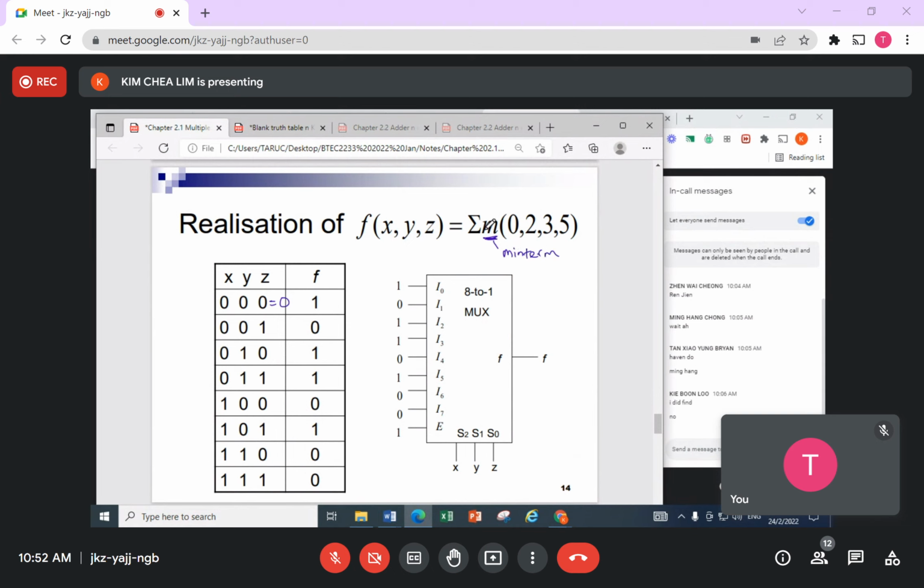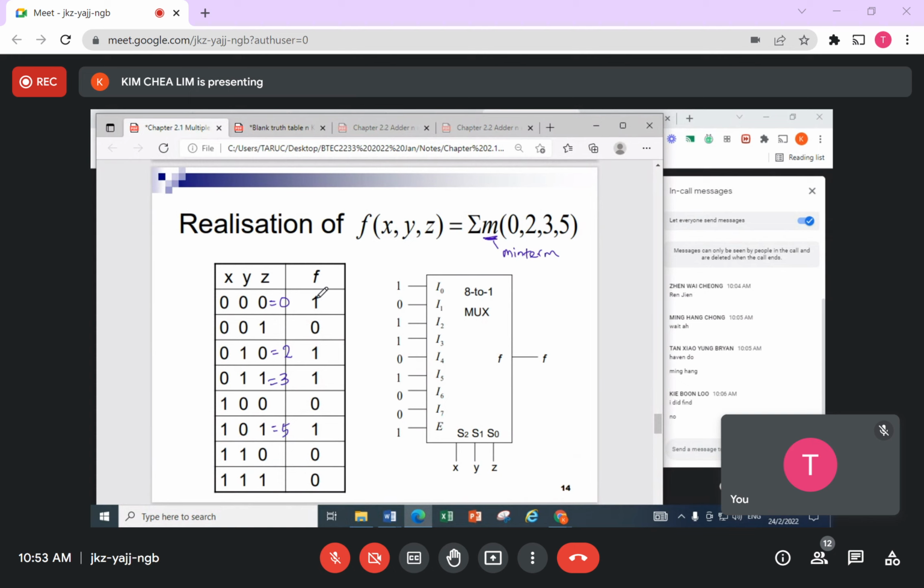Min-term 0, this is 2, this is min-term 3, min-term 5. So whatever the function given here indicates, their output is a 1, so I put in the 1. Whatever is not mentioned here, their output is a 0, so we put in 0.